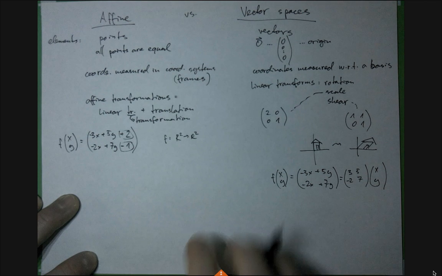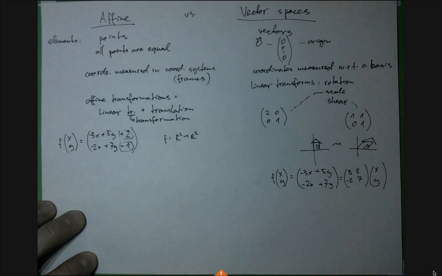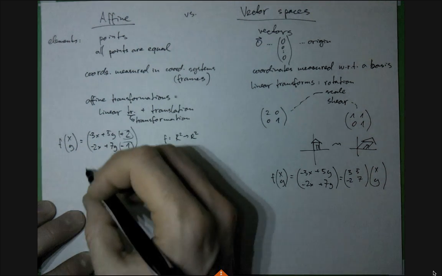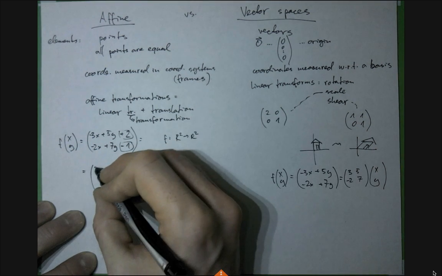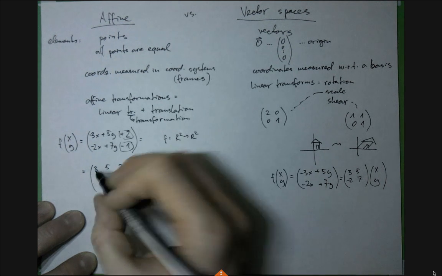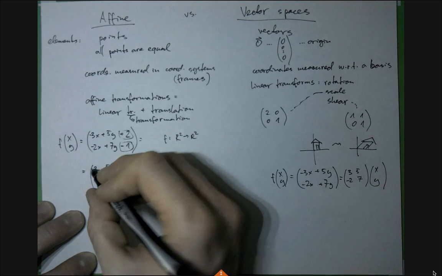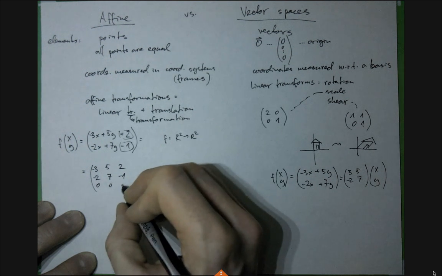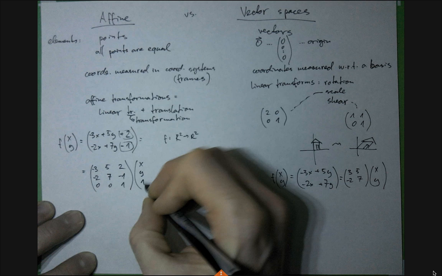So in general, we discussed last time the homogeneous coordinates. In homogeneous coordinates, we can write this using matrix vector multiplication like this. So minus 2, 7, and minus 1, 0, 0, 1, multiplied by x, y, 1, right?